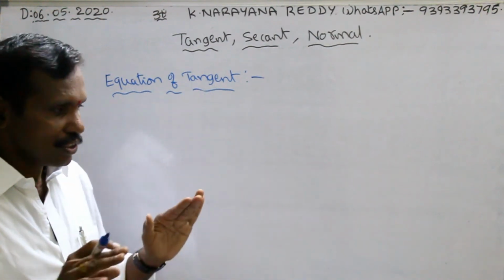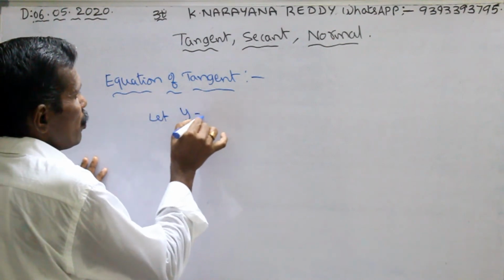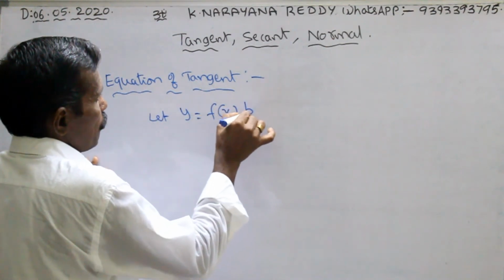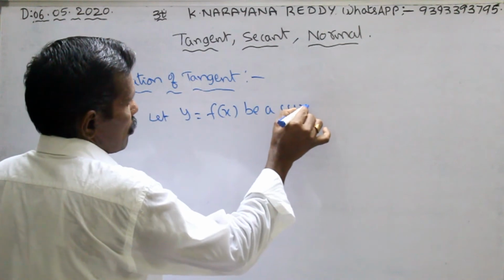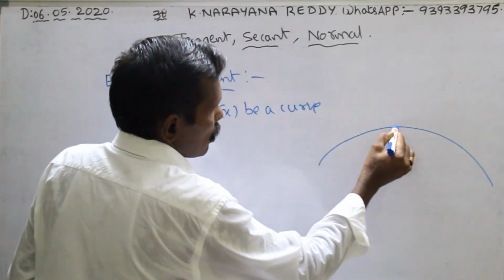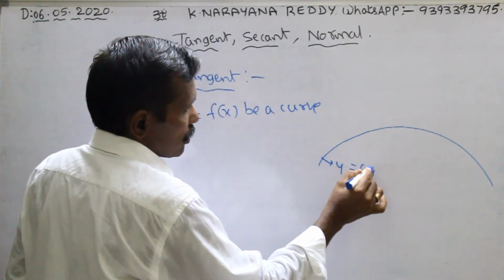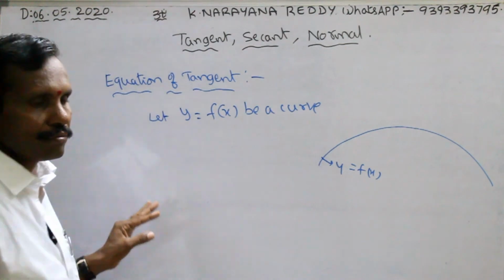Yes or not? So let y equals f of x be a curve. For example, this is a curve. This is y equals f of x. This is the equation of the curve.